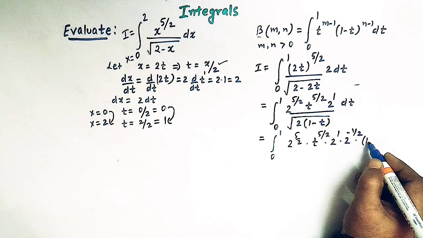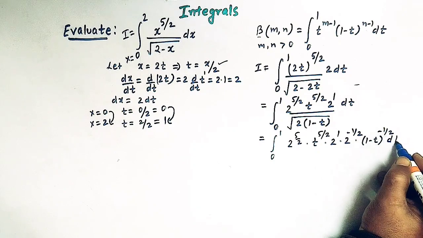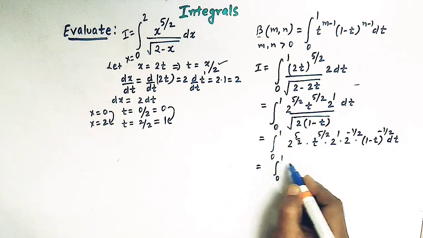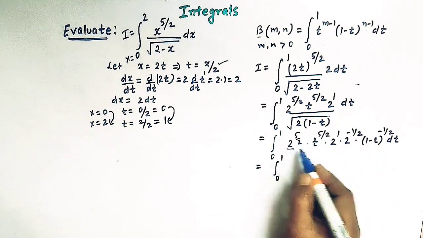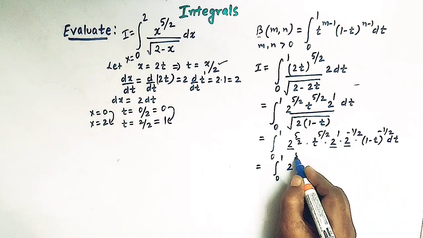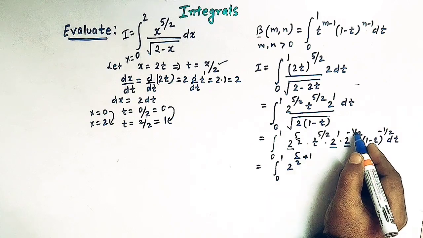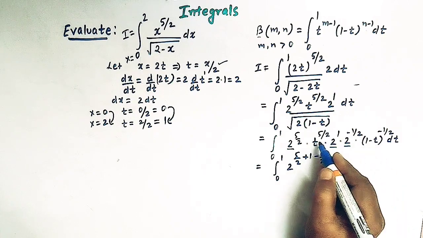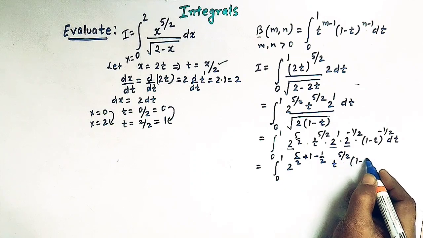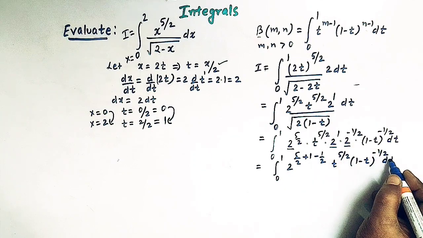So we can now write (1 minus t) raised to minus half, and here we have dt. So now let us further simplify it. Here we can collect all these 2's. So we have 2 raised to 5 over 2 plus 1 minus half, and here we have t raised to 5 over 2 and (1 minus t) raised to minus half, and here we have dt.